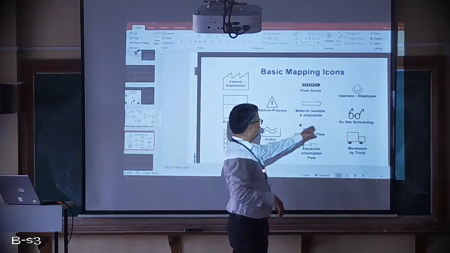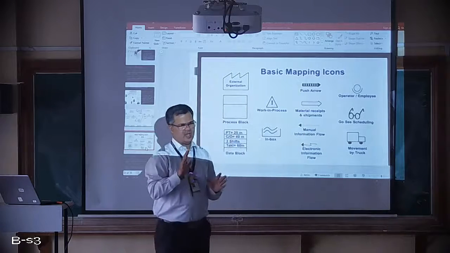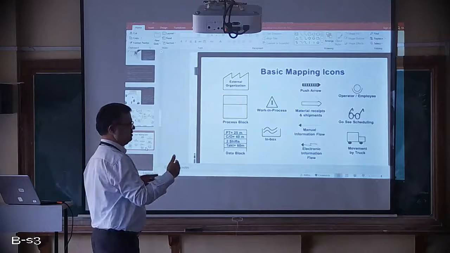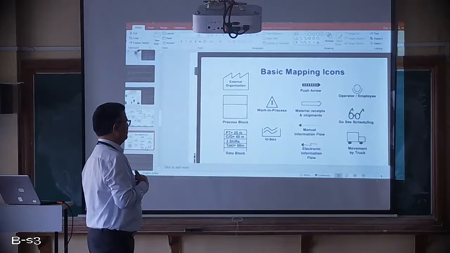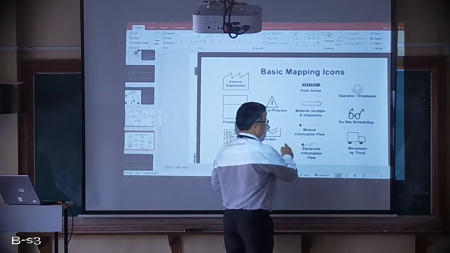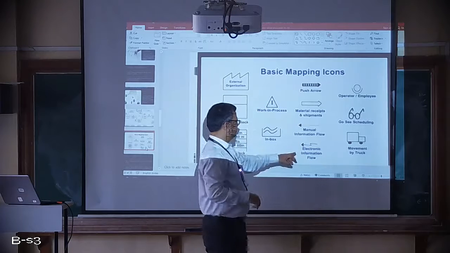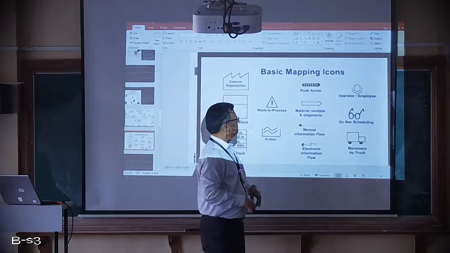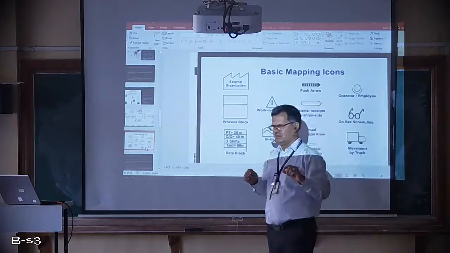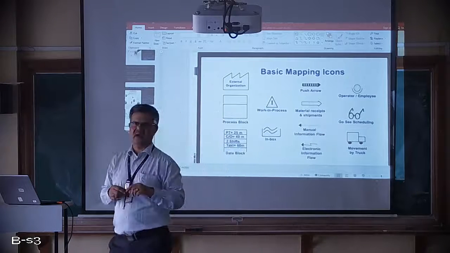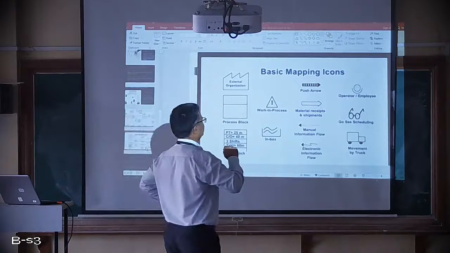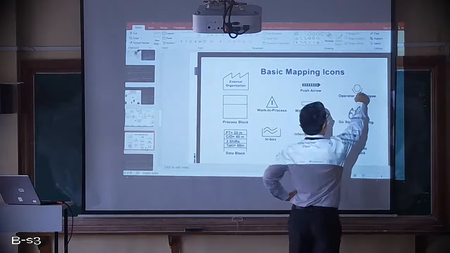Manual information flow is shown like this, for anything sent manually. Electronic information flow is shown like this. Operator and employee are shown like this; normally they don't show a human figure, so an operator is marked with an O.